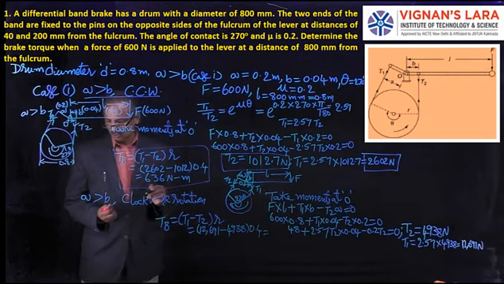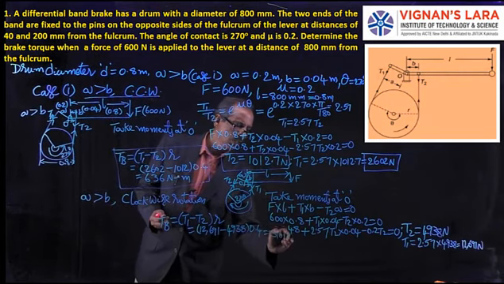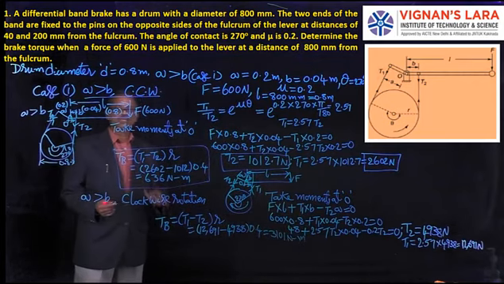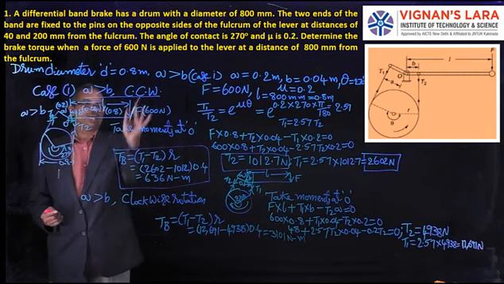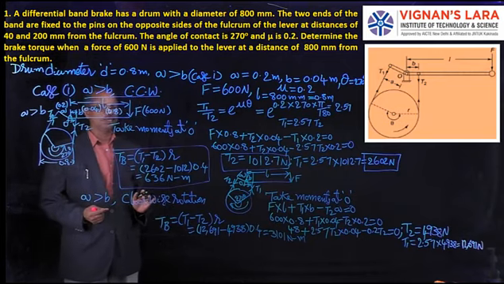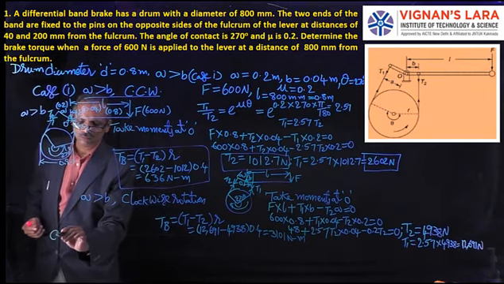So this you get 3101 Newton meter. The same problem we did for counterclockwise rotation, here we did it for clockwise rotation. Okay, that is one.